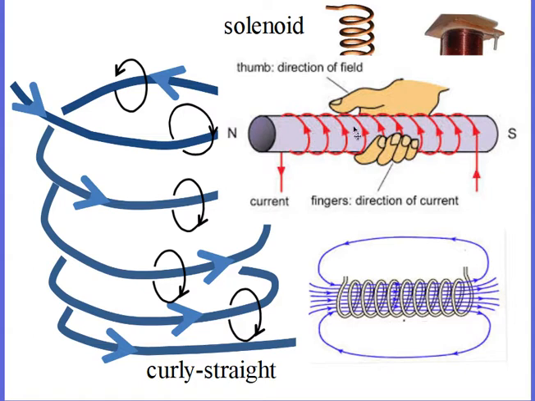And your thumb indicates the direction of the magnetic field through the center, but it also indicates the direction of the magnetic field coming out of this end. And because the magnetic field goes away from that end, we call that the north end of the solenoid.